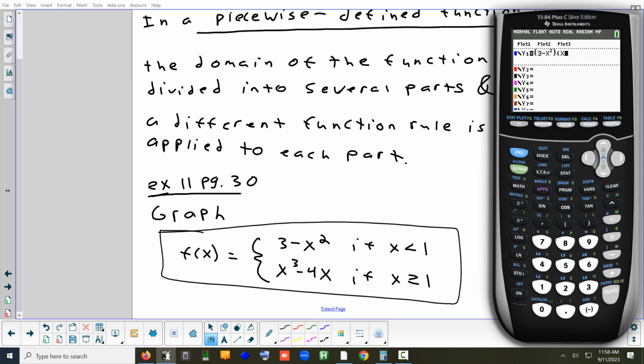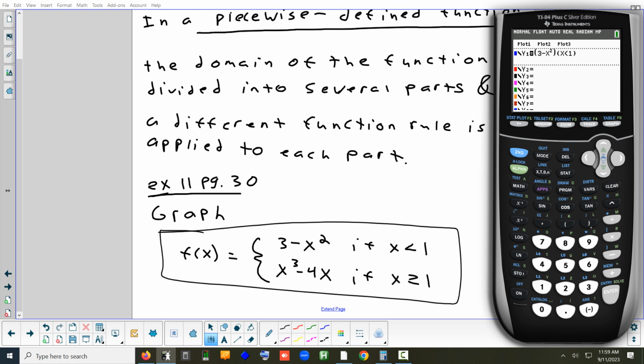And the inequality symbols can be found by pressing second, math, which is test. Press second, math. And the symbol that we want is which symbol this time? The less than, which is number 5.